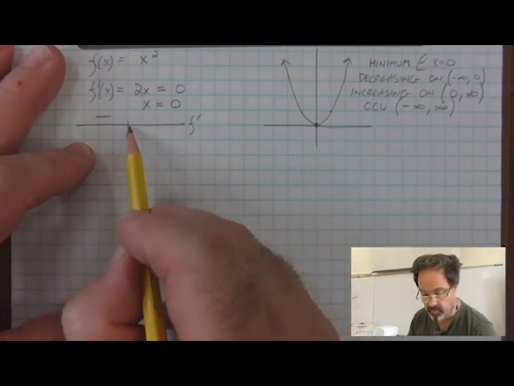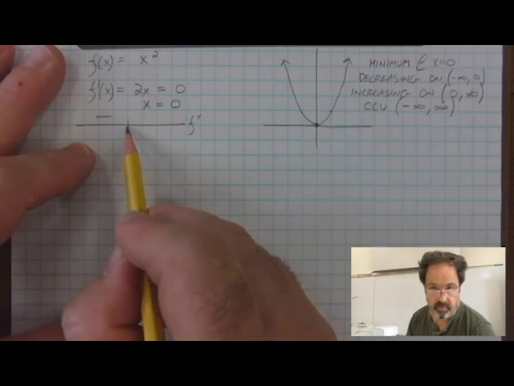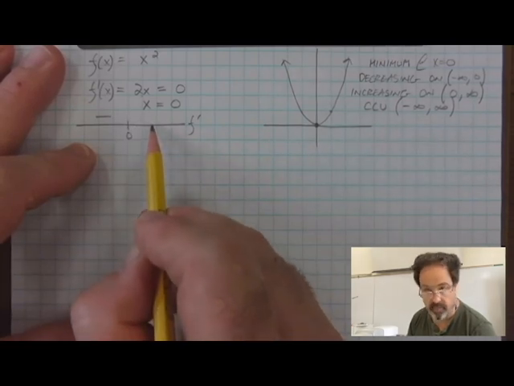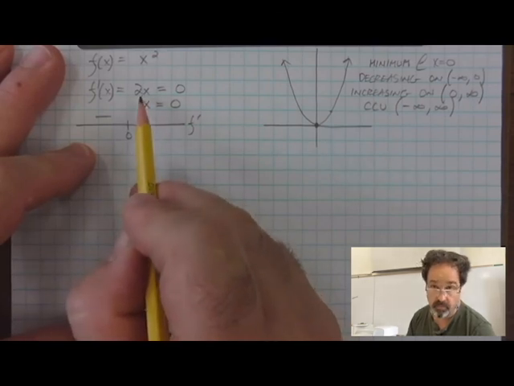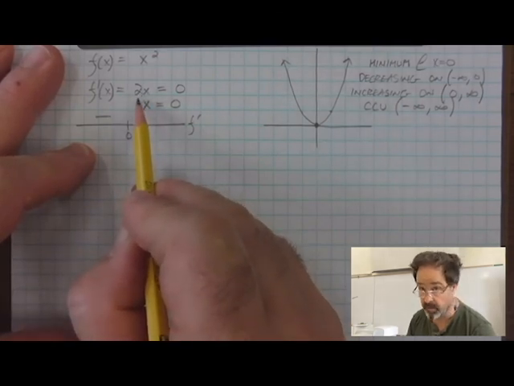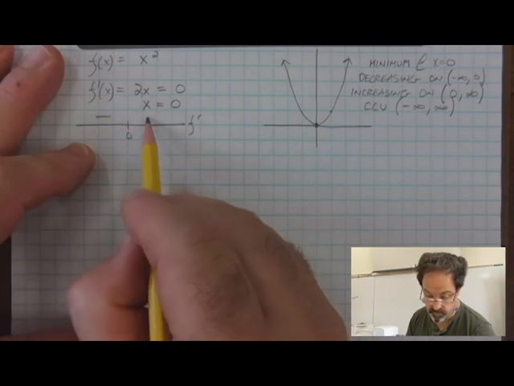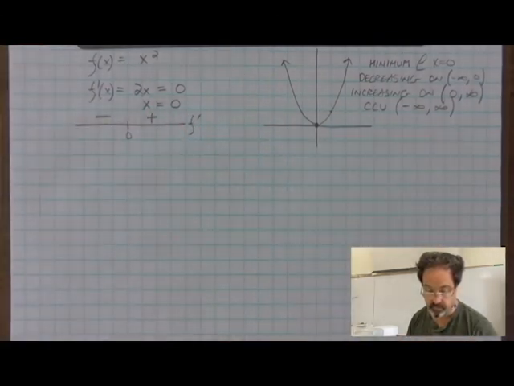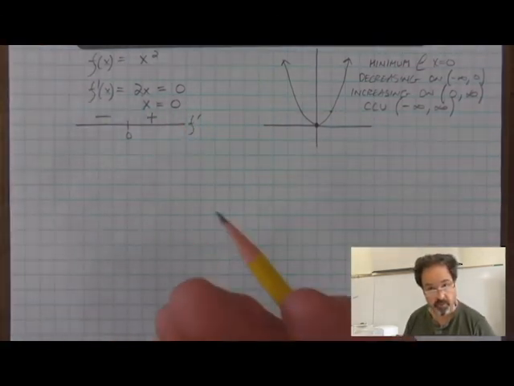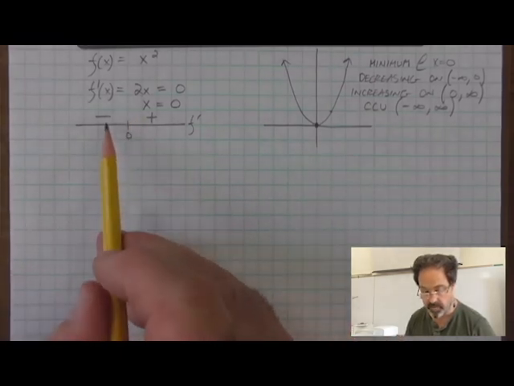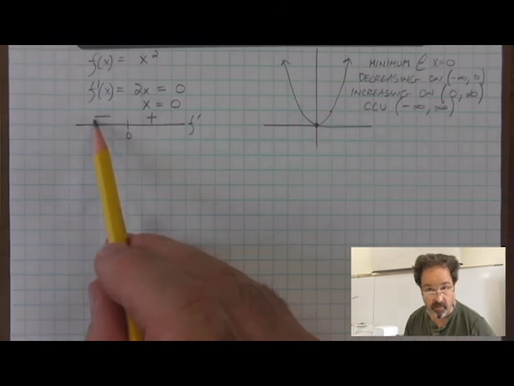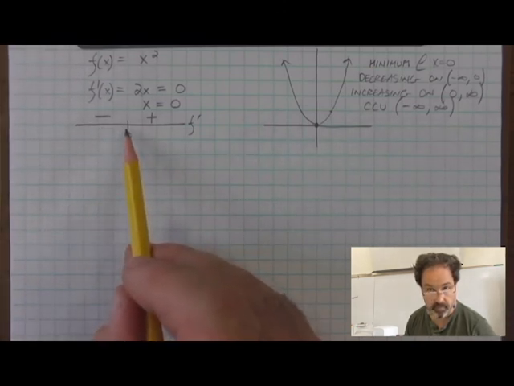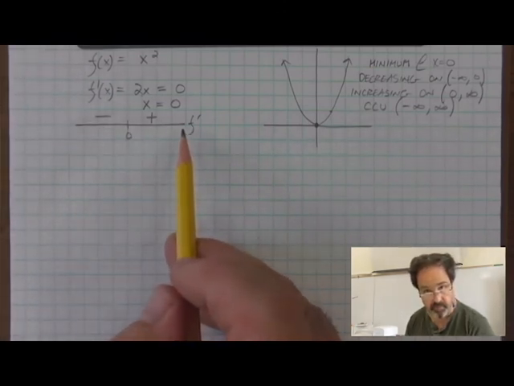How about values after this critical point at 0? Imagine putting in a positive value like 1. If I put 1 into the derivative equation, then I'm going to get a derivative that is also positive. Put a positive number in, get a positive derivative out. So what I've shown here is that the derivative of this function is negative all the way up to 0 and then positive afterwards.